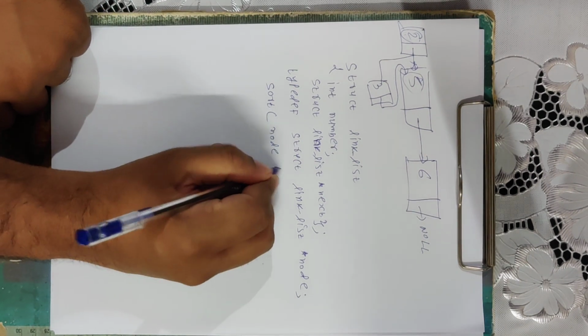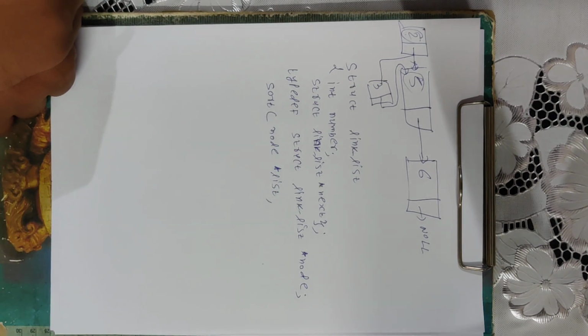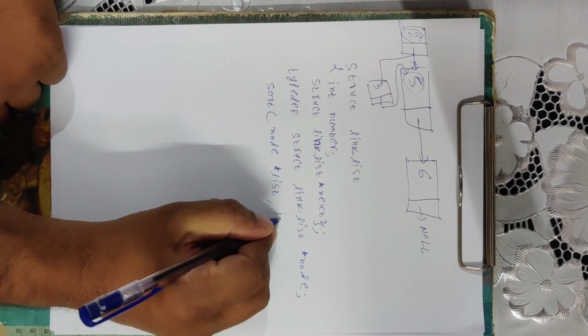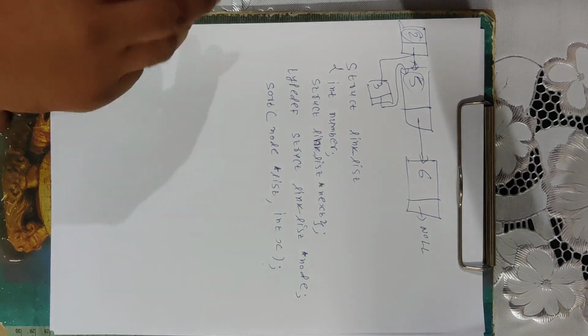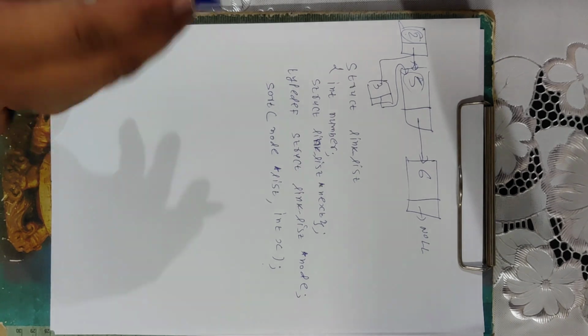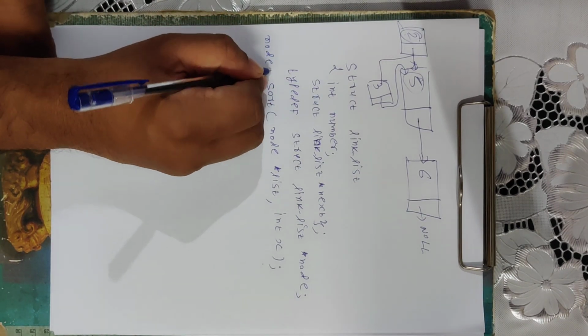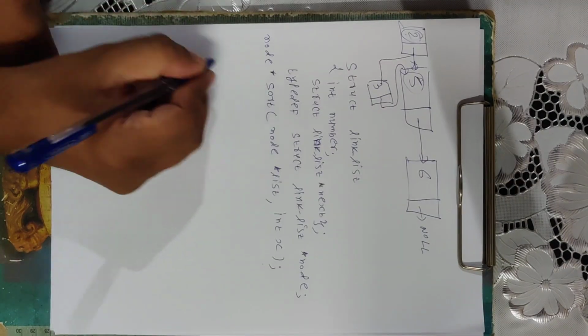So node *list, and the other thing I want to do during the sorting is, once sorting is done, add that new entry. So for that I am passing a number, integer x. It will return the base address of your list, so it will be a structure pointer: node *sort(node *list, int x).